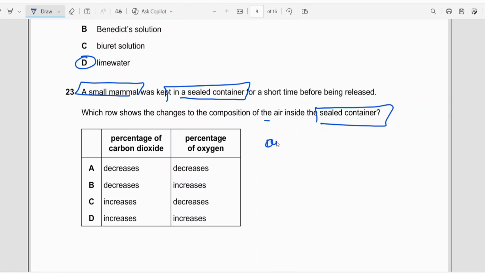Let's talk about air changes. Normally the air contains 21% oxygen while carbon dioxide is 0.04%. So when a mammal is present, it consumes some of it. The exhaled air contains 16% oxygen.